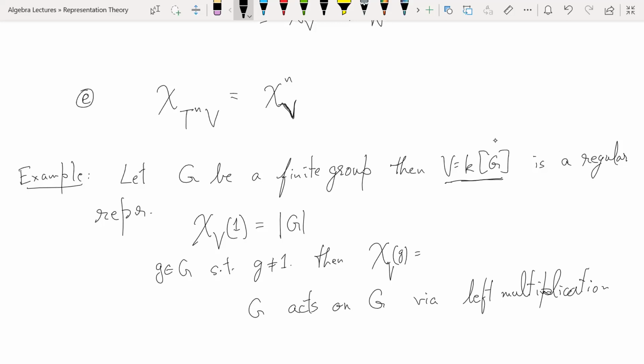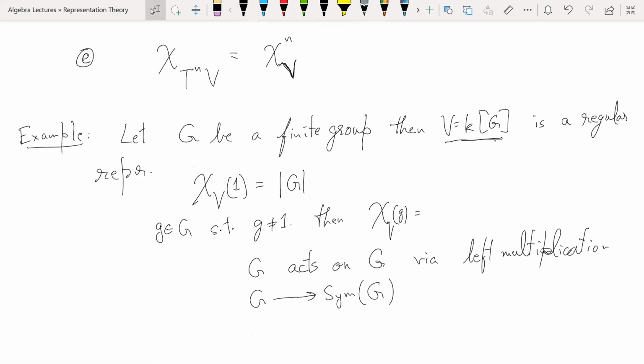So this action will give a map from G to, let's say, symmetries of G, meaning permutations of G, bijections of G, which sends g to some sigma g. Sigma g is the permutation g induces after left multiplication.